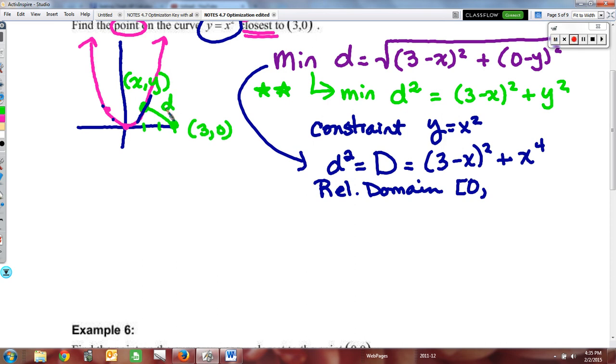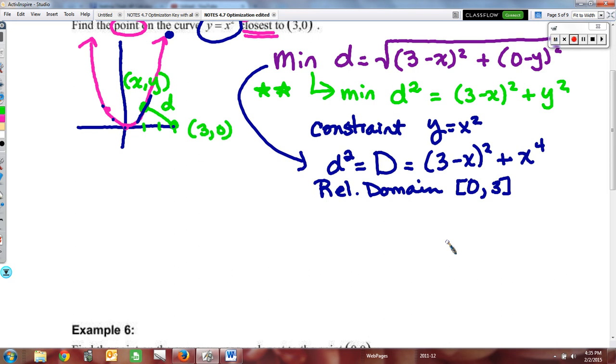And then as this point moves away, at some point you're going to have the point directly above 3, right? Think of this as a triangular situation: this distance right here, this vertical distance, has got to be closer in between that. So we can set our x from 0 to 3 and use that as a closed interval test and use the EVT.